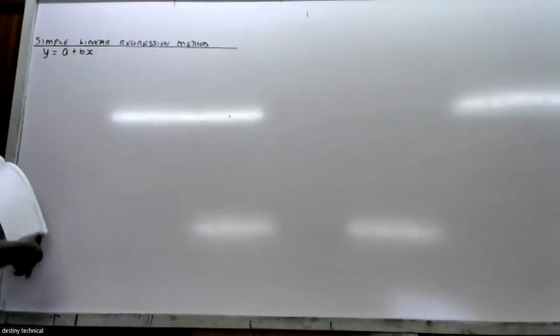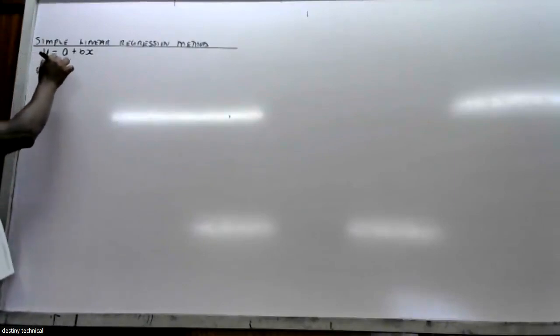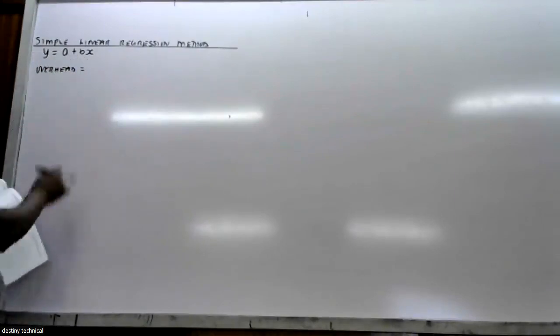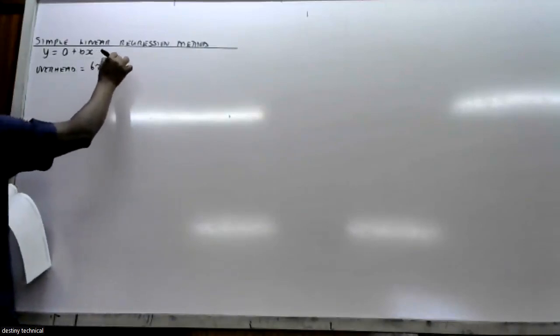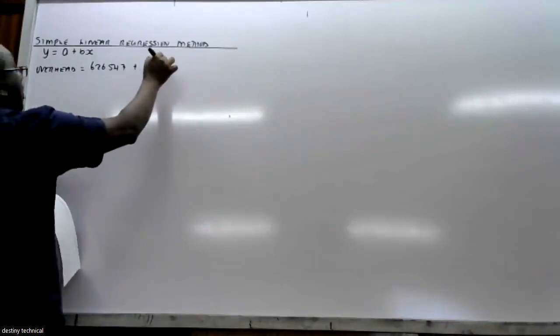So we have the equation: overhead equals 626,547 plus 1.504x.